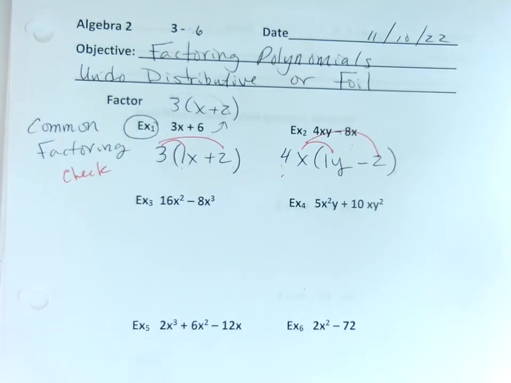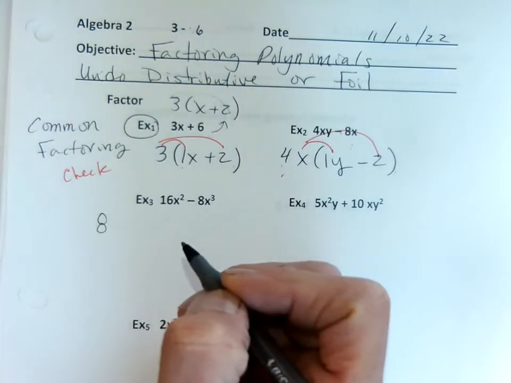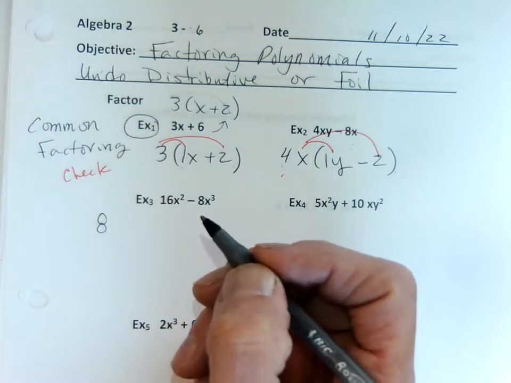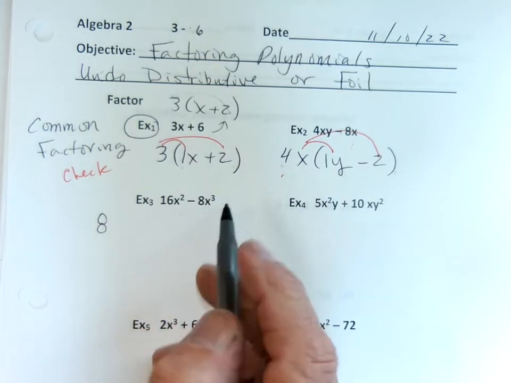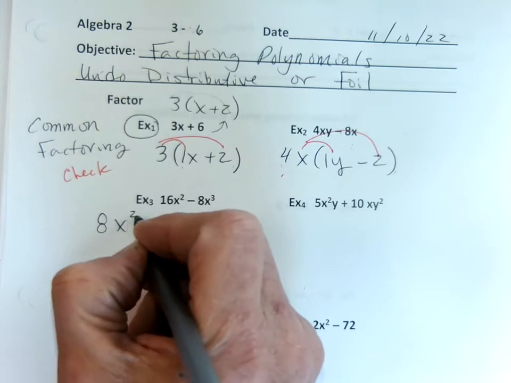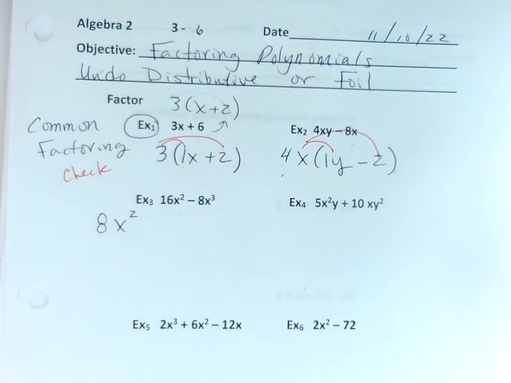Example 3, what do you see? 8. Good, a multiple of 8. Everybody agree with that? How many x's do they have in common? They both have at least 2 x's. Take out as much as you can when you common factor out the greatest common factor.